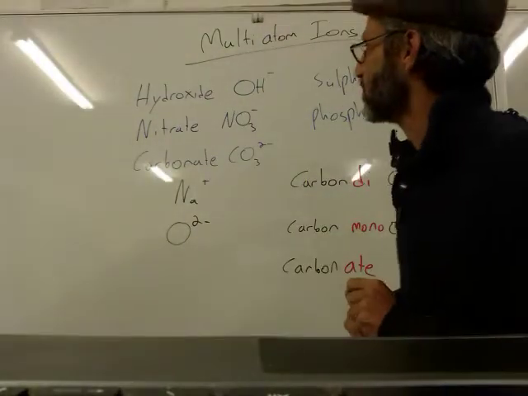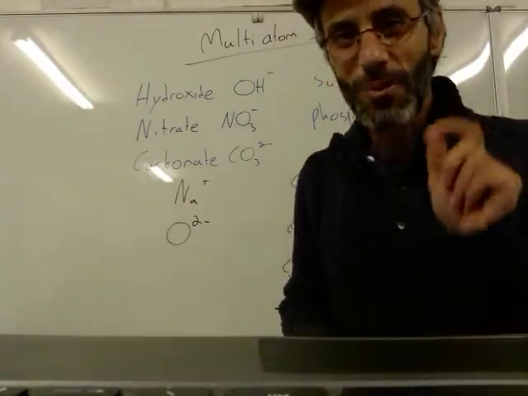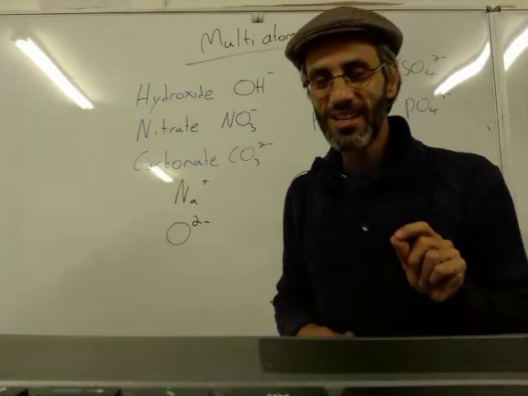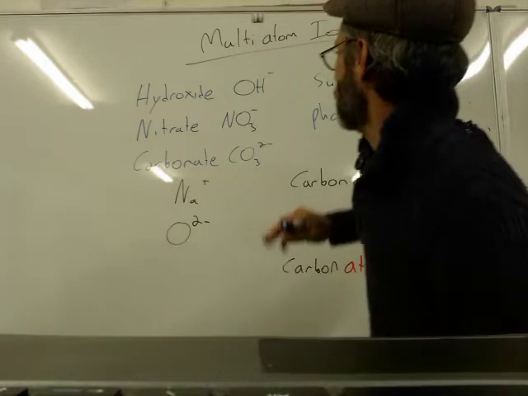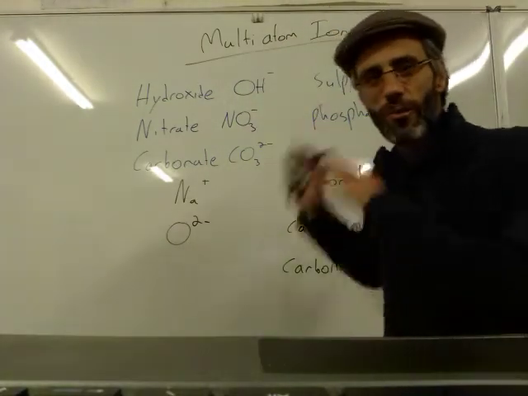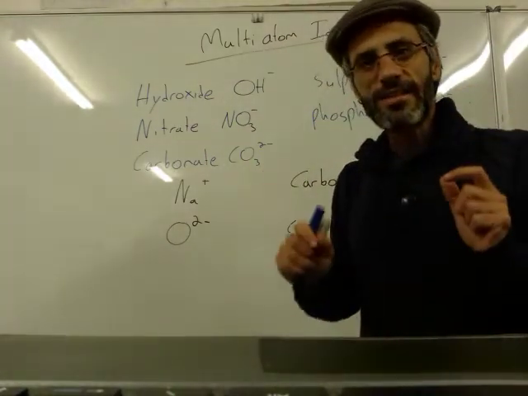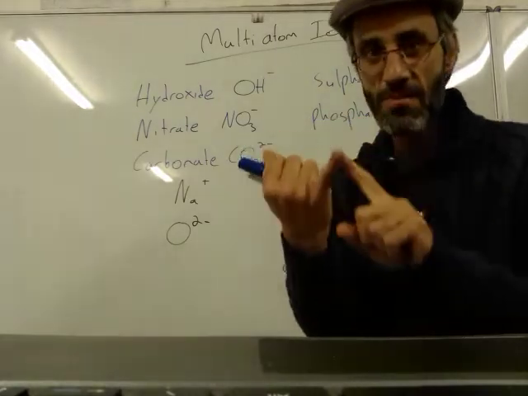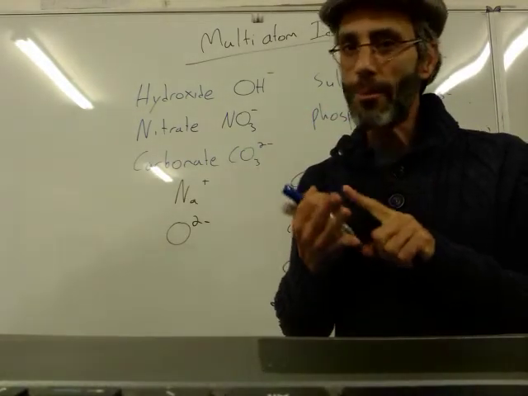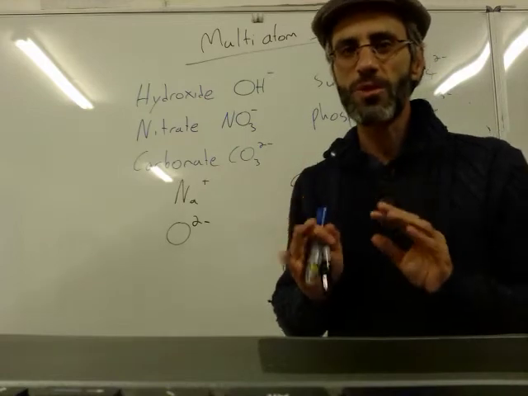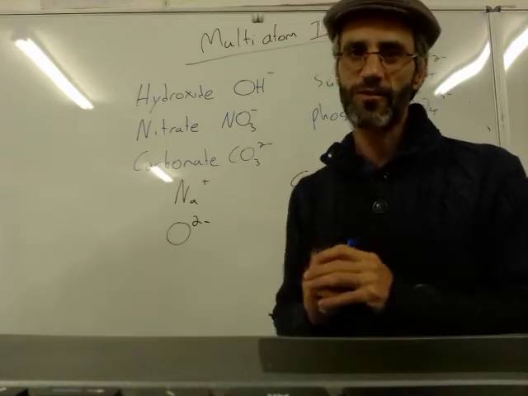So you don't have to worry about it yourself, but you have to remember. In chemistry, there is quite a bit of memory going on. So this is the list of the multi-atom ions that you need to remember: their name, the formula, and their electric charge. There are plenty more, but Mr. Martins and I decided this is enough to start.